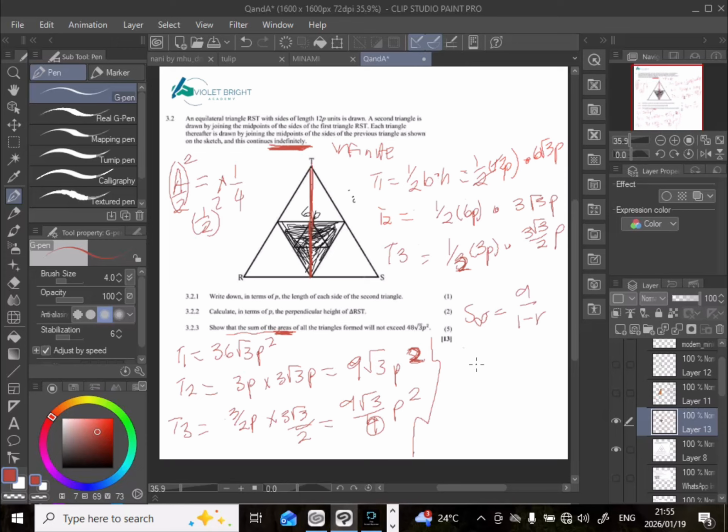So it's 36 root 3, then p squared, over 1 minus 1 over 4, and that must be equal to this. So now let's do this.